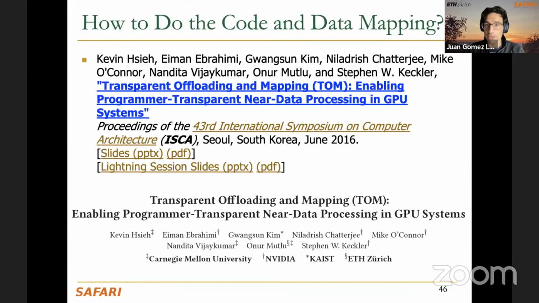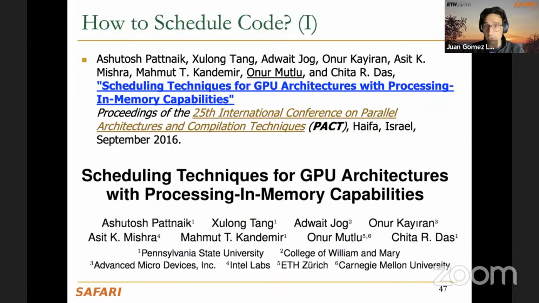But anyway, in the meantime, you can read this Tom paper that was presented at ISCA 2016, and it's definitely a very interesting proposal. A related proposal for GPU architectures is scheduling techniques for GPU architectures with processing in memory capabilities, which was contemporary with the previous one.